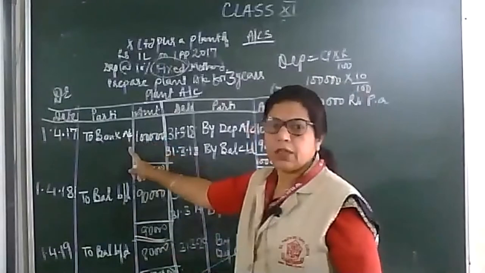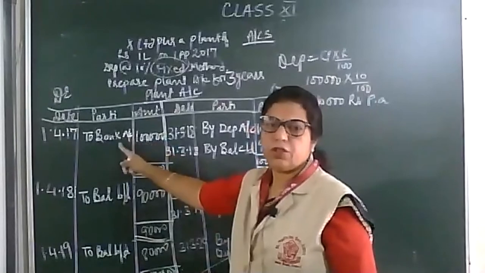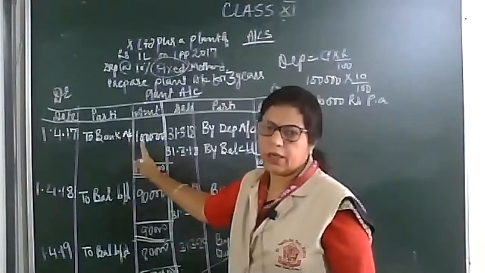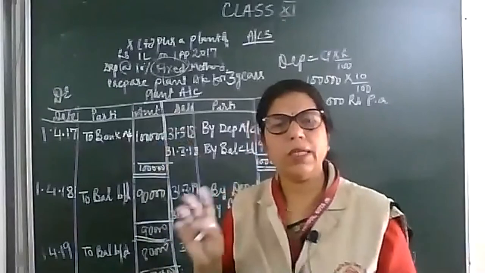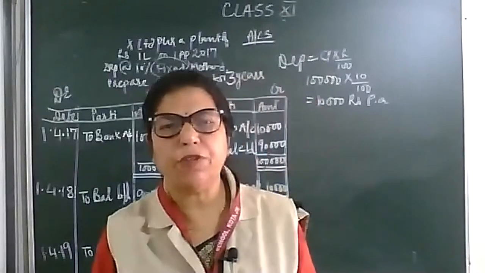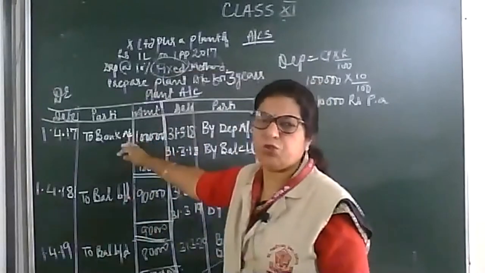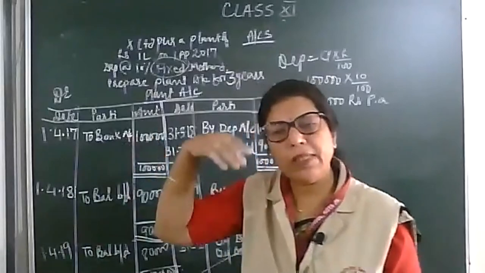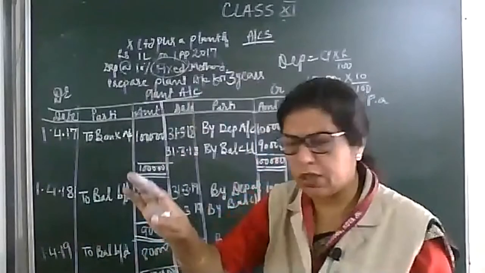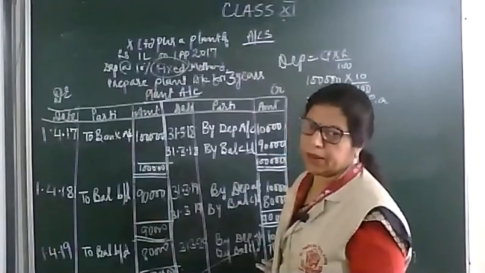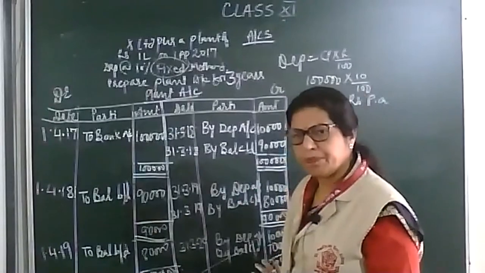1st April, purchase, to bank account. When the organization purchases any fixed asset, they will write 'to'. And if they sell it in future, they will write 'by'. Okay?